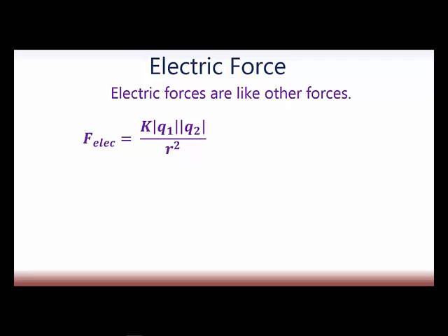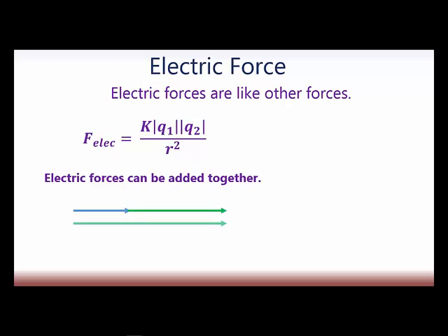It's important to remember that electric forces are just like any other forces. For example, they can be added together. And that's the same whether you're adding two vectors, or if one is in the opposite direction, you actually end up subtracting two vectors. You might not like seeing this, but electric forces are just like other forces in that they are vectors.